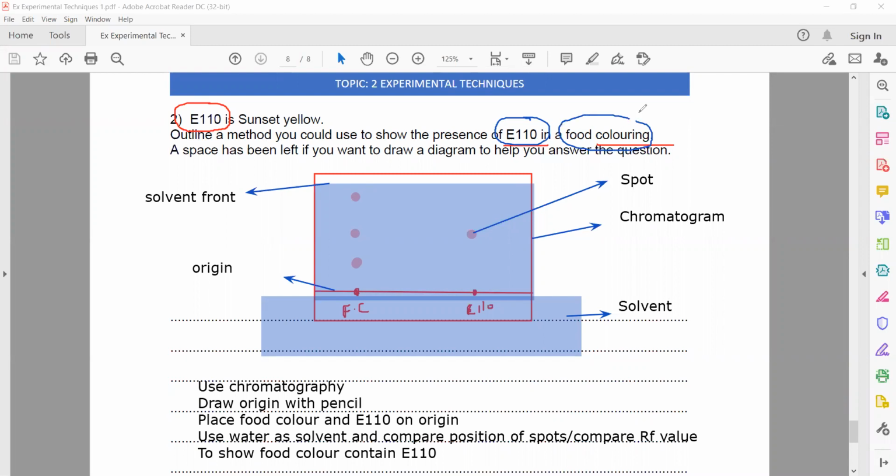So we take a food coloring and carry out its chromatography, and simultaneously carry out a chromatography for E110 separately. When we check the height, because E110 and the food coloring both have the same spot, it shows that E110 is present in this food coloring. Is it clear now?